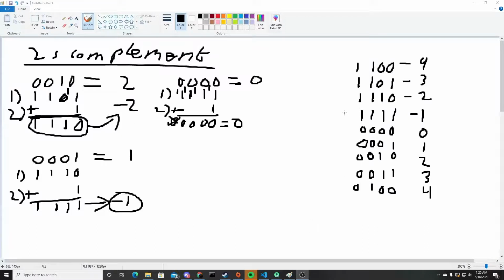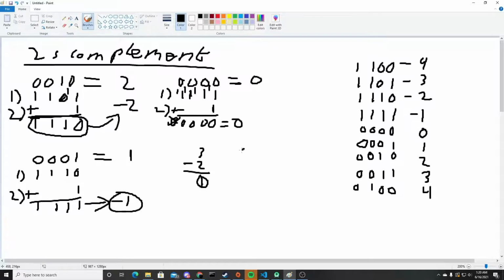So let's go ahead and do an arithmetic operation with 2's complement. Let's do a simple one: 3 minus 2 in decimal. Minus 2, we would expect to get 1.